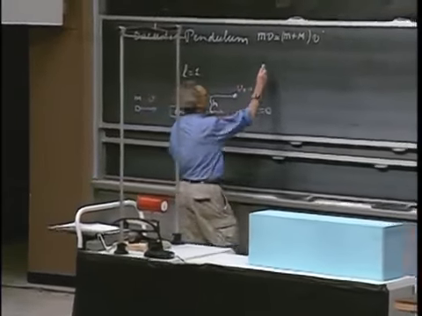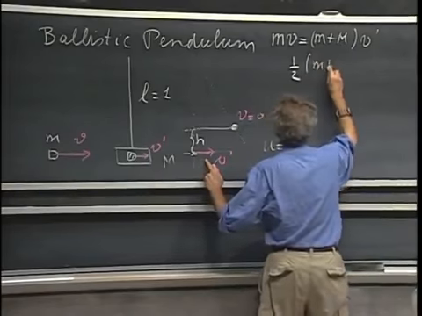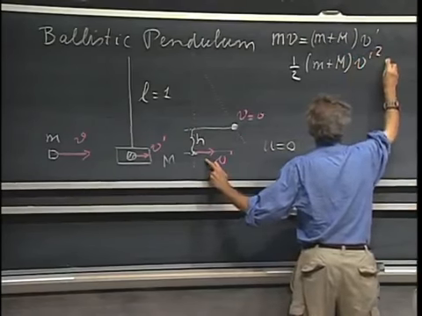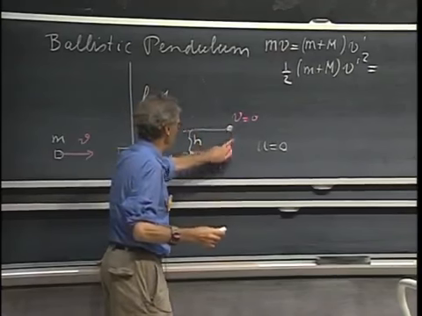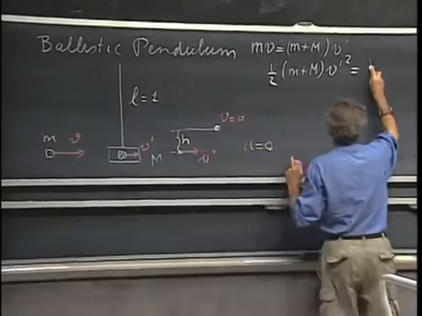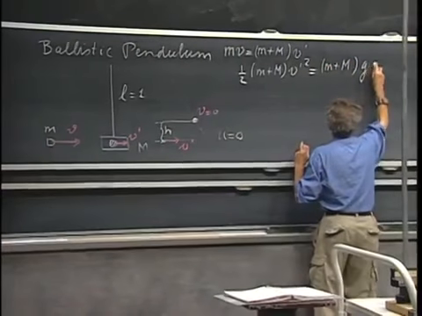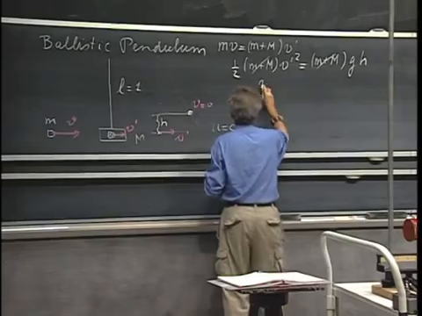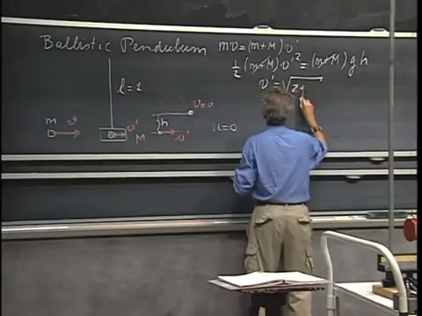And so this kinetic energy, which is 1/2 (M plus m) times v prime squared, is now converted exclusively to gravitational potential energy, which equals (M plus m) times g times that h. And we lose our (M plus m), so v prime would be the square root of 2gh.